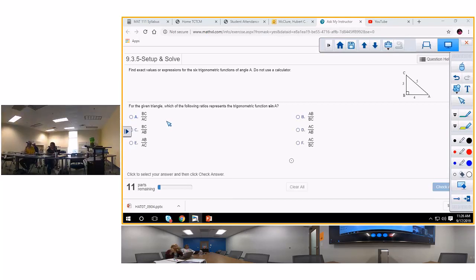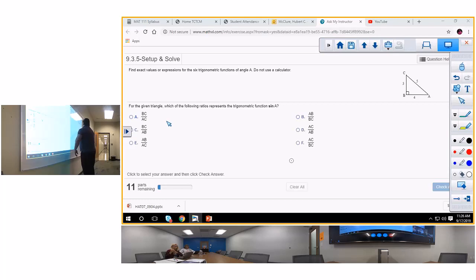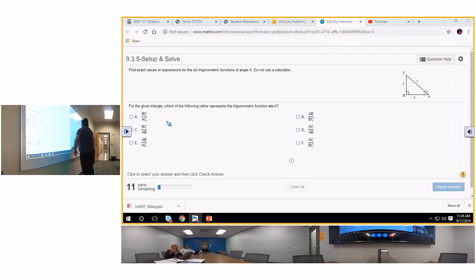First of all, they assume angle A is here, theta, so that means the little man is right there. So he has his foot on the adjacent and the hypotenuse, and this is the opposite. So sine, cosine, tangent, cotangent, secant, cosecant.